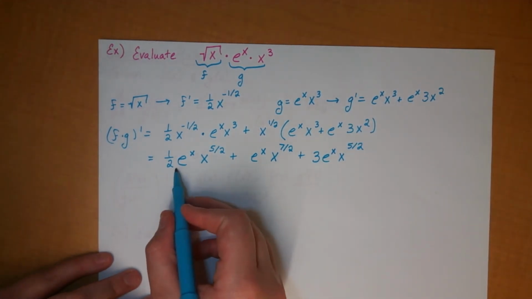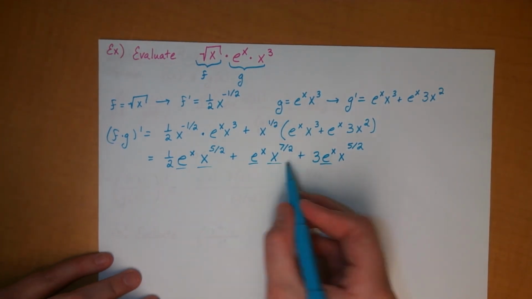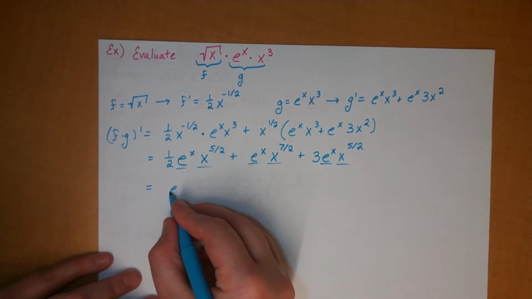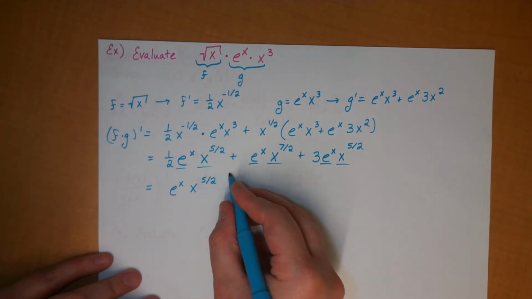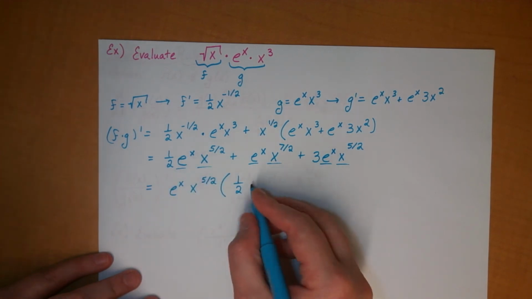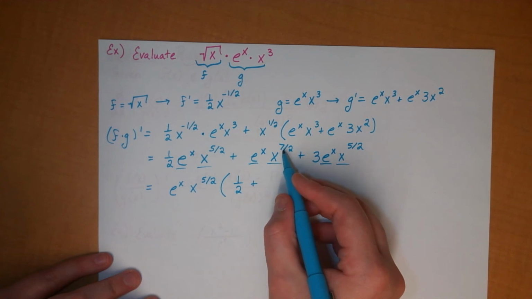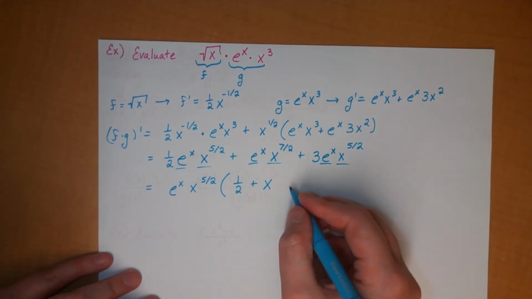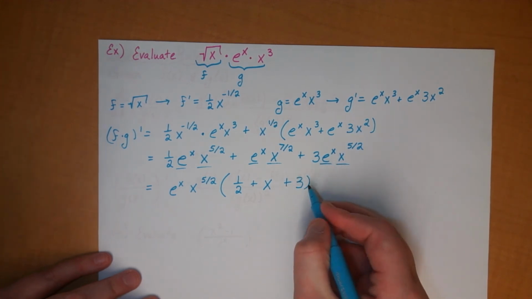Now notice in every term I have an e to the x, and I also have an x to the 5/2. So I can pull those out, and I will end up with e to the x times x to the 5/2. That would leave me with a 1/2 in this term, plus, if I pull out an x to the 5/2 here, I will end up with just an x, plus, and here I will just end up with a 3.